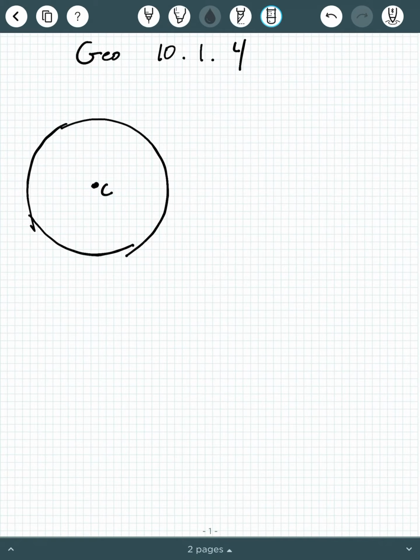So a few things we had seen, we'd been introduced to arcs and the difference in their measures compared to their lengths. So let me get an arc created here.